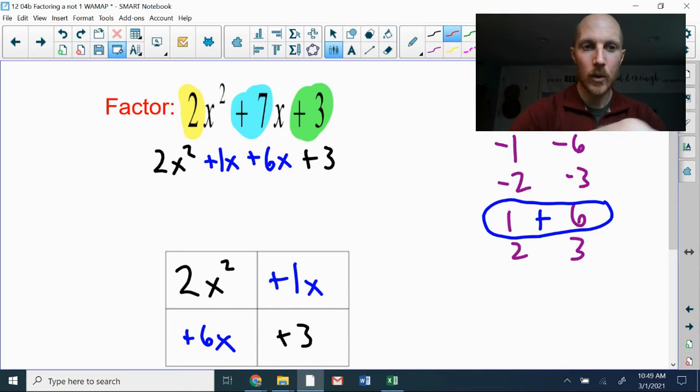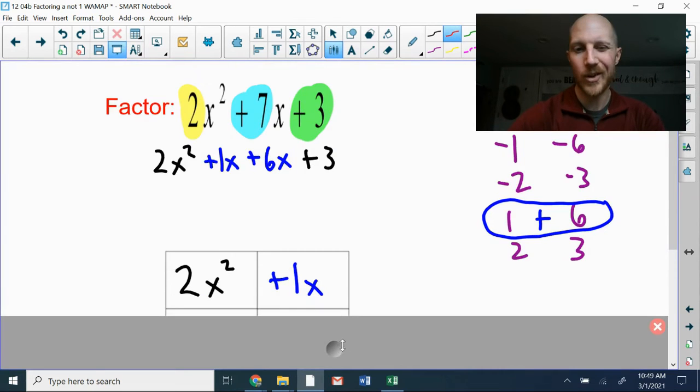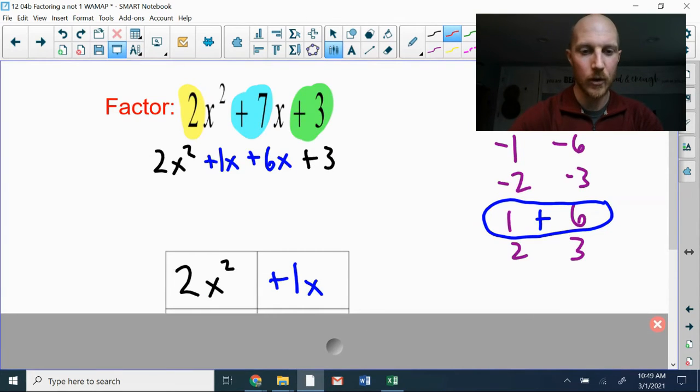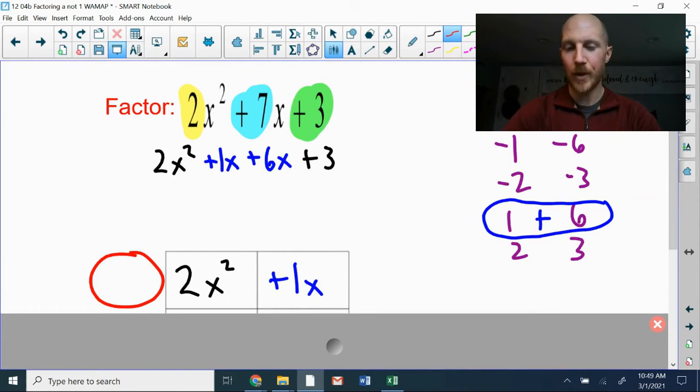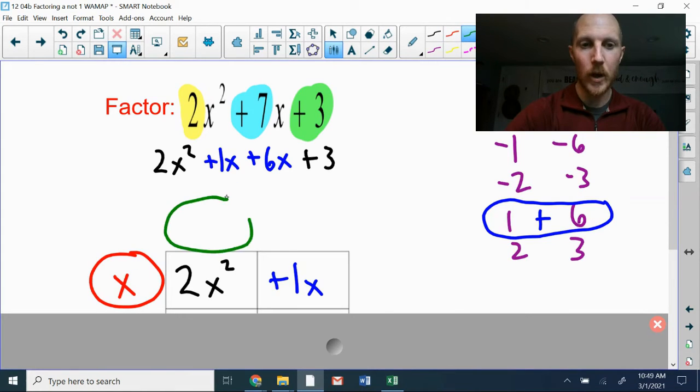And then we're going to look across the rows. You can do rows or columns first. I'm going to look across this first row and see what is the greatest common factor. So 2x squared and positive 1x, they both have x in common. And then that red x would have to multiply by what mystery number in that green circle to equal 2x squared as an answer?